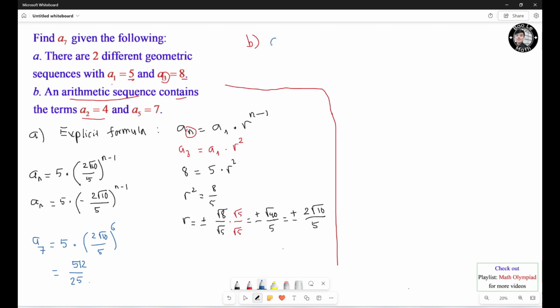It's going to be AN equals A1 plus n minus 1 times d, okay, where d is the common difference. A1 is the first term, an is the nth term. Alright, so you look at this one, you see that A2 equals 4, right? A5 equals 7. Substitute 2 for n, right?